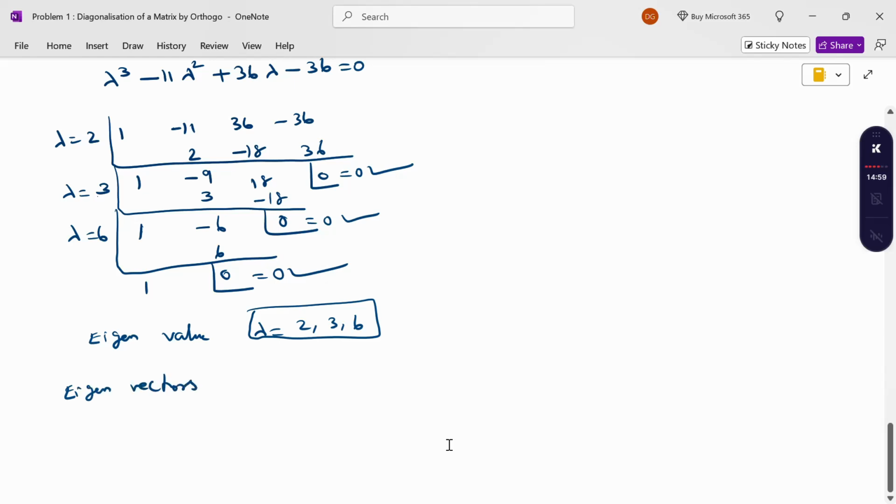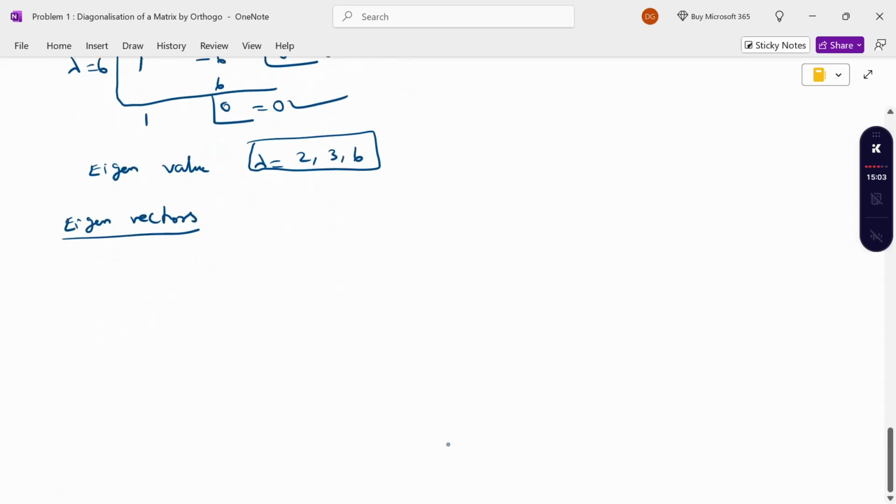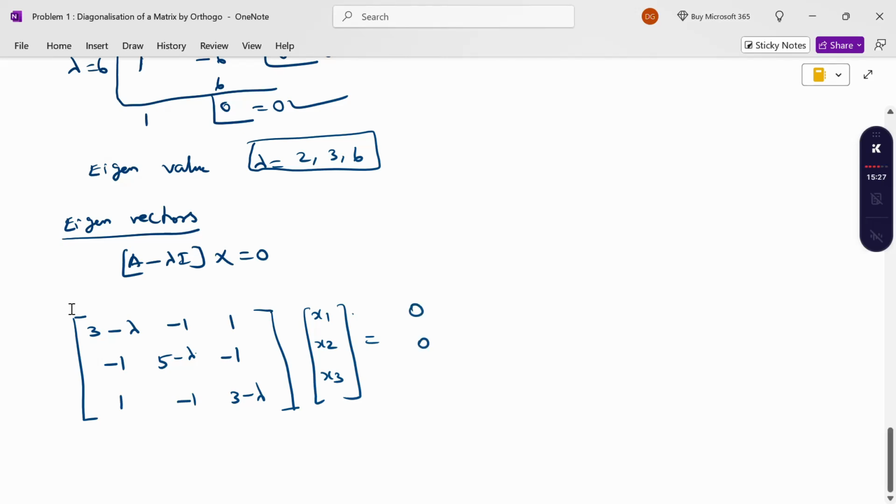To find it, A minus lambda I matrix, then x equals 0. To write this, the matrix A minus lambda I, then x is nothing but x1, x2, x3, then 0.